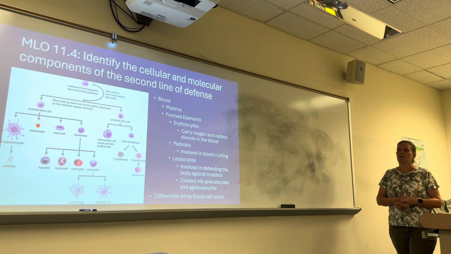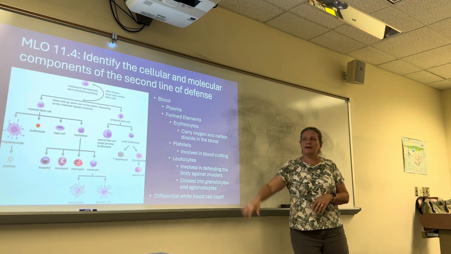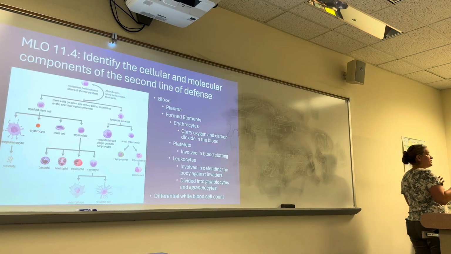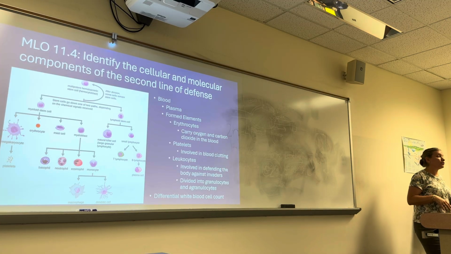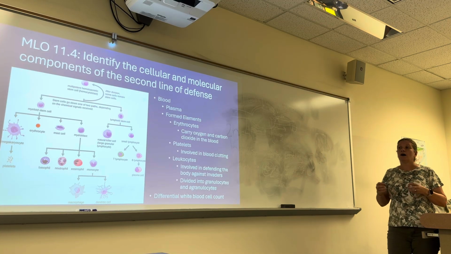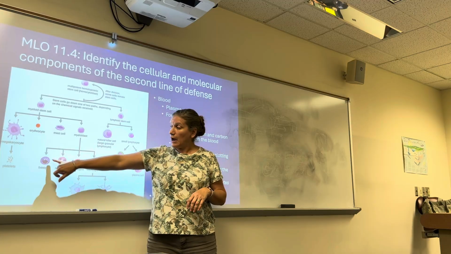Okay? All right, so when we are looking up here, we have our granulocytes and our agranulocytes. Our granulocytes are referred to as granulocytes because when they are stained, they have these little dots within them.